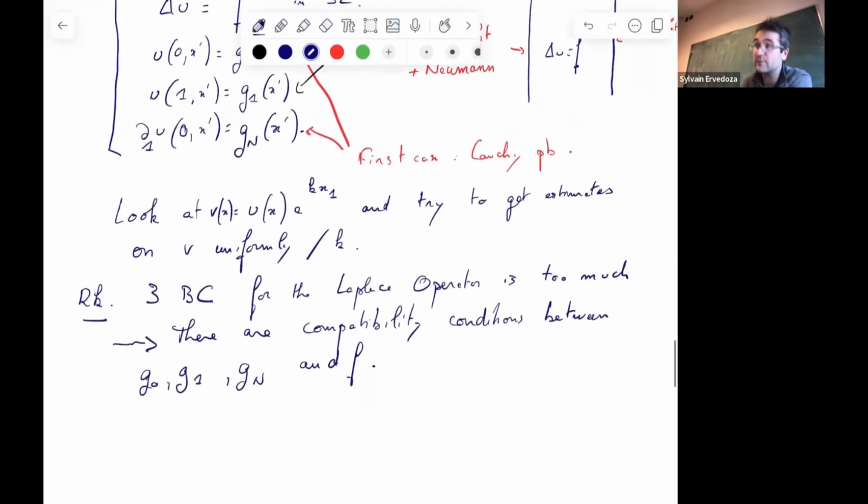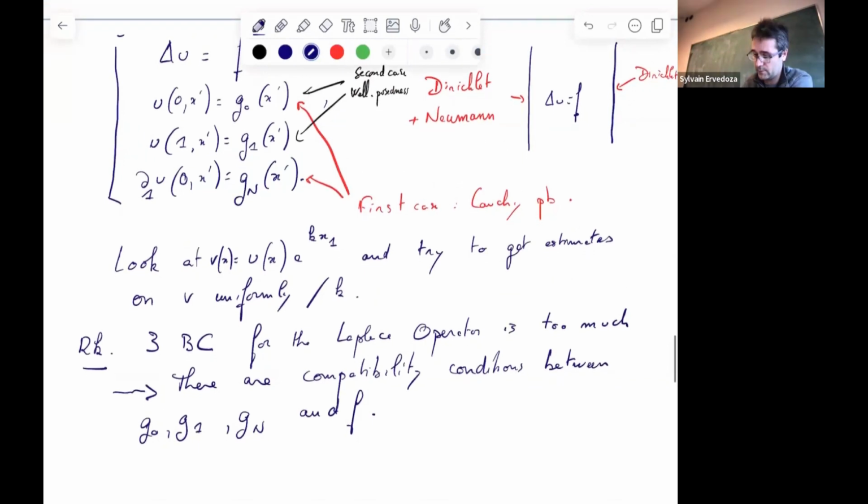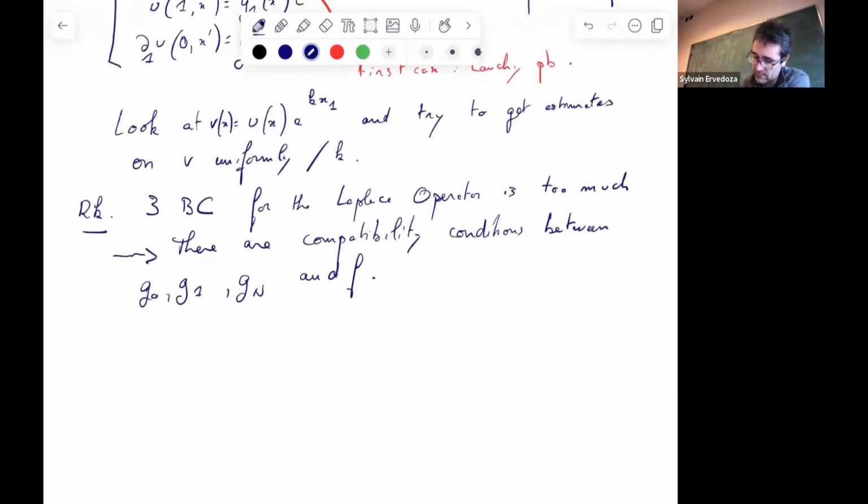So now I'm trying to get estimates. So I don't know if you still see this. So trying to get estimates on here. So I fix k larger than 1. I set v as u of x exponential kx1. Let me just check, I will try to keep the same notations.